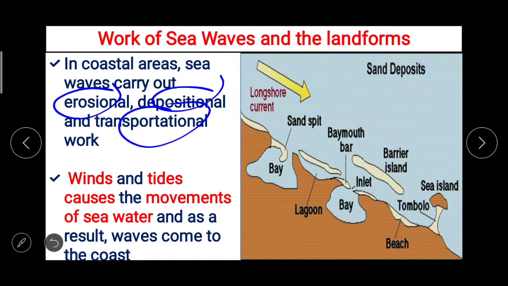Winds and tides cause the movements of sea water, and as a result waves come to the coast. Because of their hitting the rocks at the coast, erosion of the rocks occurs, and in coastal areas having wide beaches, waves carry out depositional work. Now, again if you observe this figure, you can easily understand how it works.